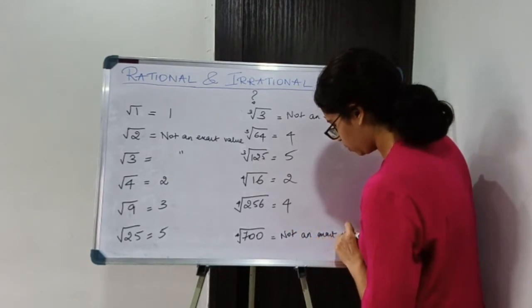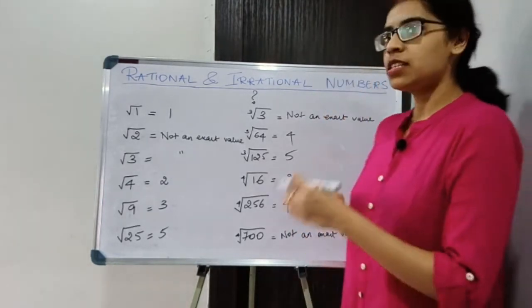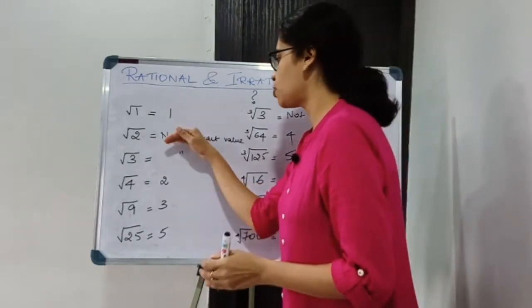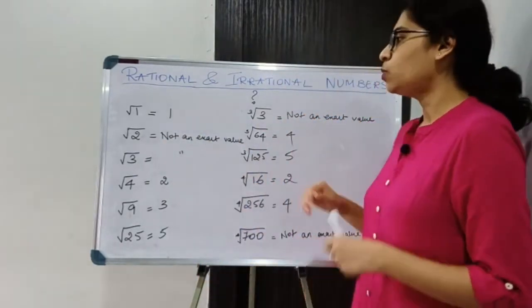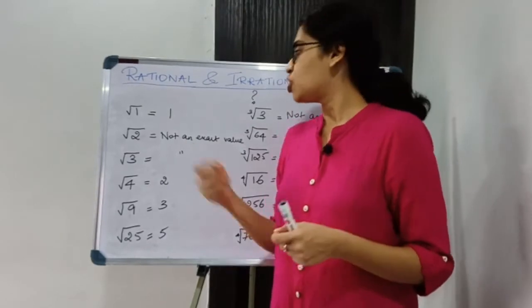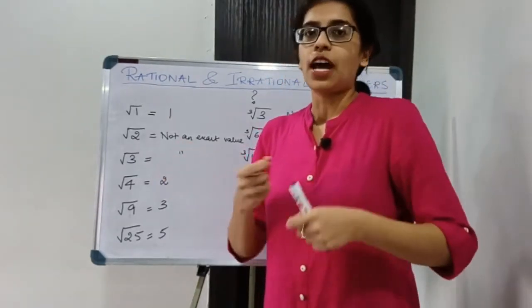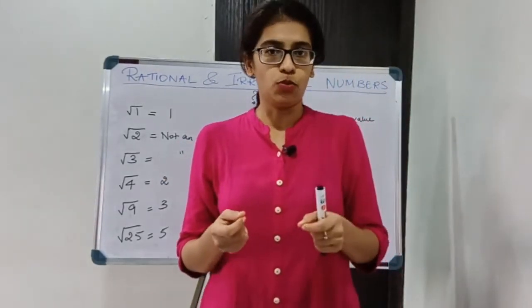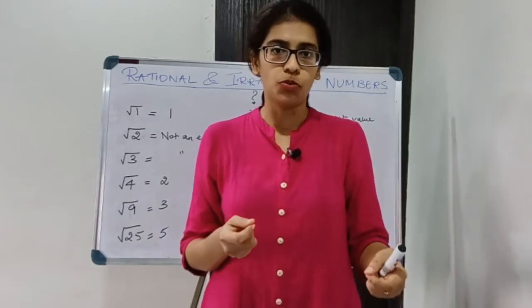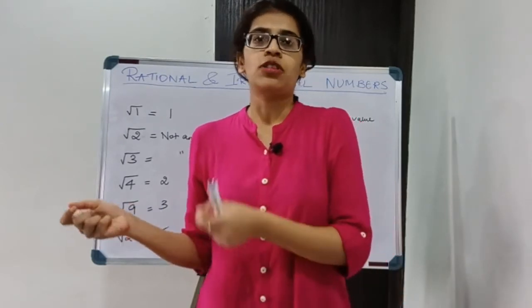Now I'll consider these 4 examples where I am not getting an exact value. Whenever the square root of a rational number does not give you an exact value, it means it is an irrational number.